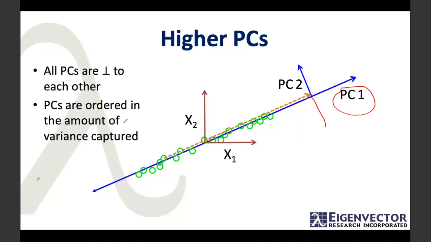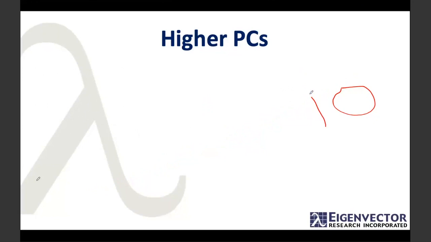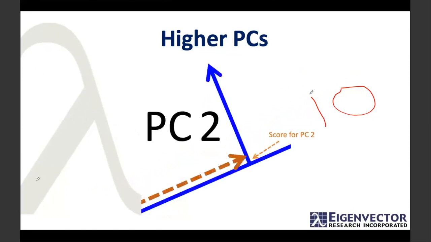What do my scores look like for PC2? So if I were to take this point out here and project it all the way onto my PC2 line and zoom in, this is the point at which the projection from that point that was originally out here falls upon my PC2 direction.